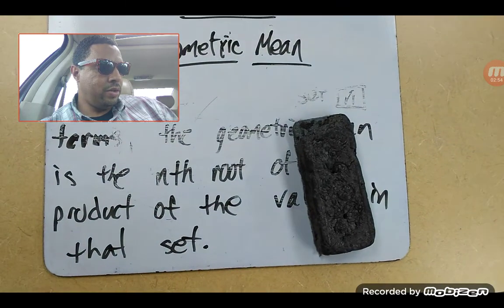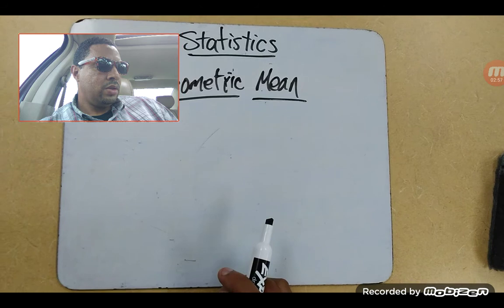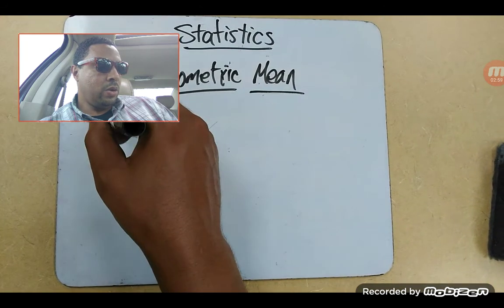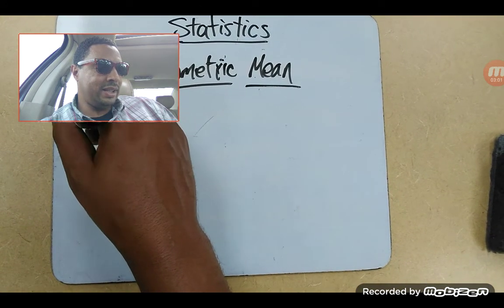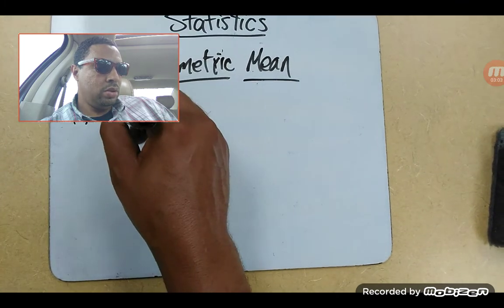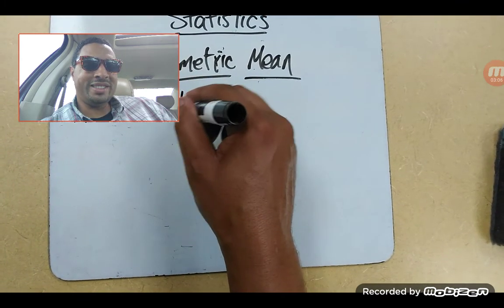Okay, let's go ahead and go over the example now. So we're going to compute the product of the data set 0.42, 0.52, 0.58, and 0.62.